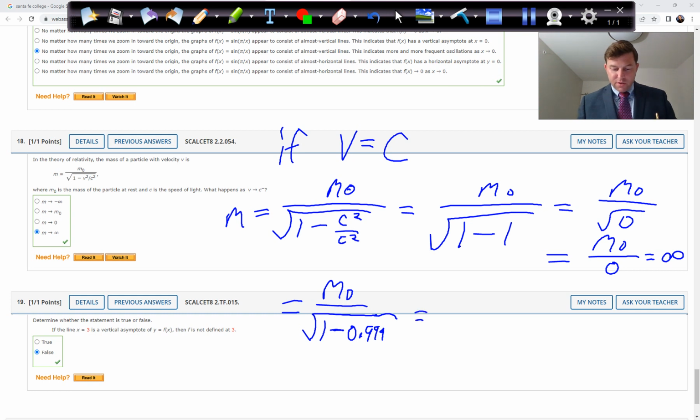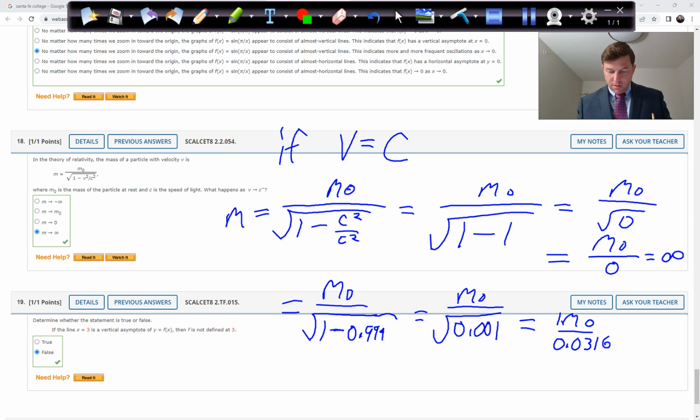Well, 1 minus that is going to be 0.001. And if I take a square root of that, we get 0.0316. And if I divide that into 1, we get 31.62.